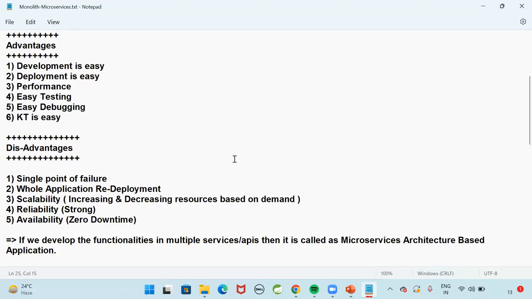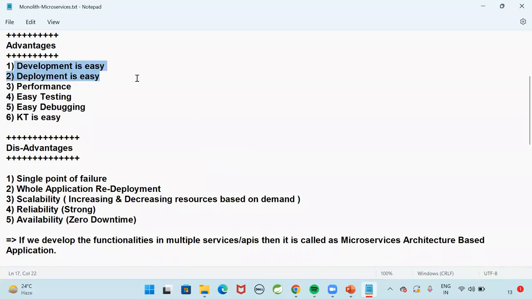Monolith means one single application. All the functionalities we are developing in the single application.